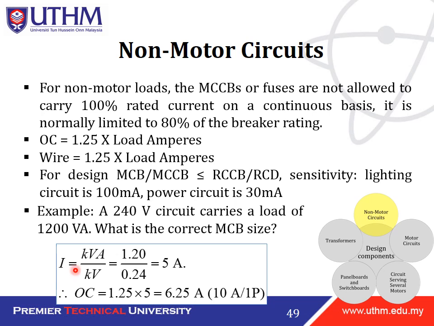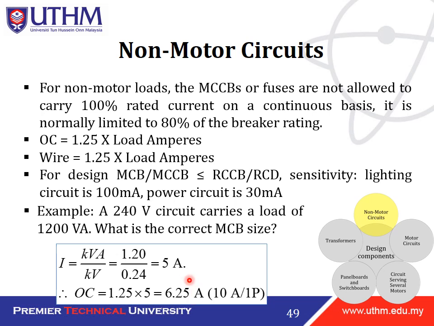So we can use this equation, I equals kVA divided by kV. So we have 5 amp here. For the overcurrent, we use the equation 1.25 times the load ampere, 5 amp. We have 6.25 ampere.